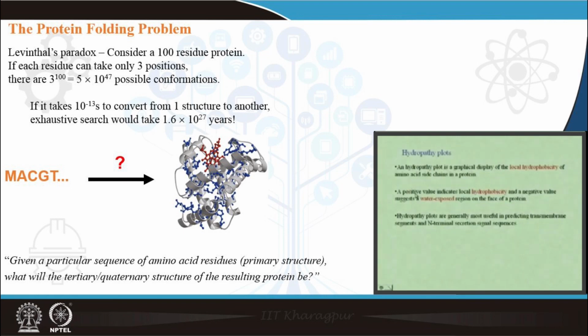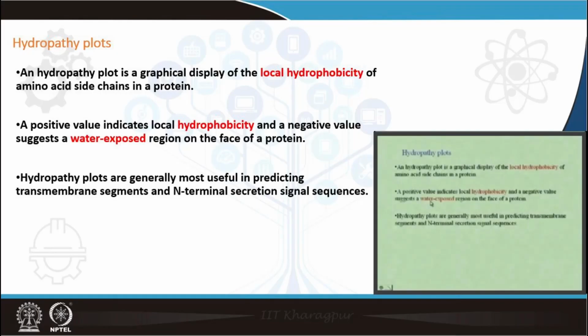If you have a positive value, then you have hydrophobic residues. If you have a negative value, you have a water exposed region or a hydrophilic region. These hydropathy plots are actually most useful in predicting transmembrane segments, but for now, we will see how we can find a hydrophobic region.